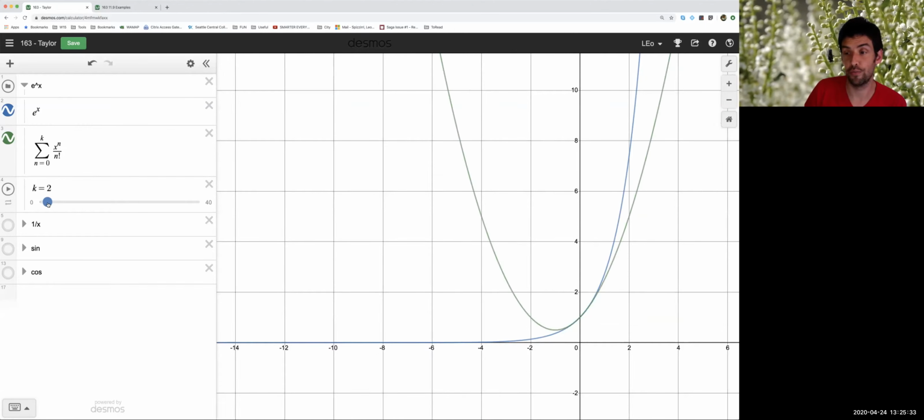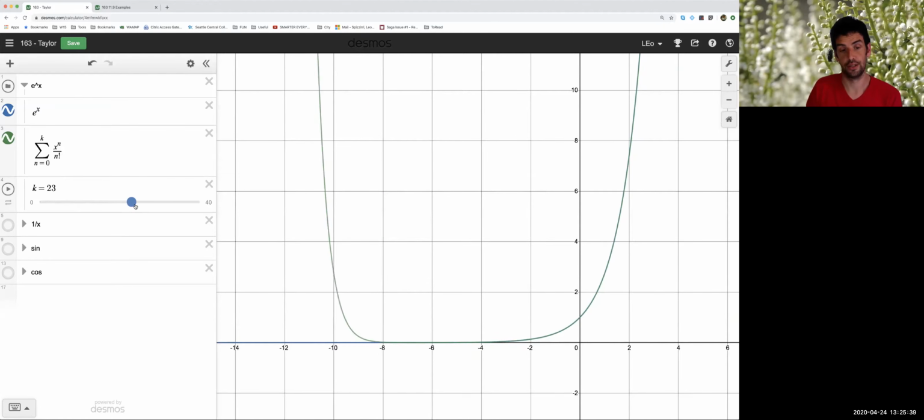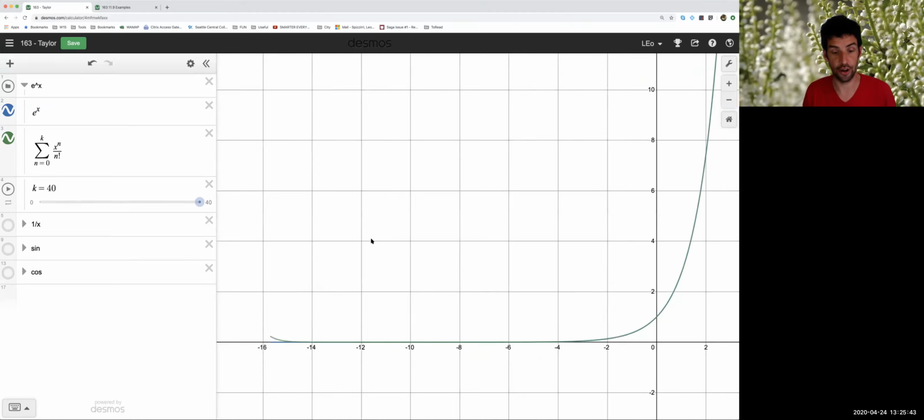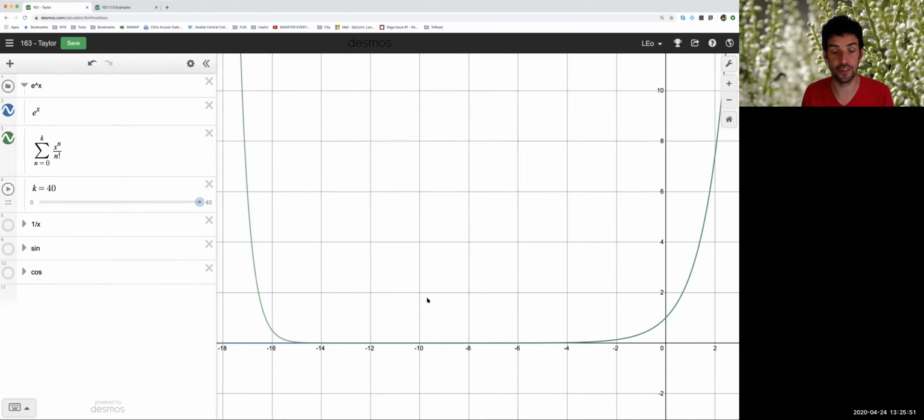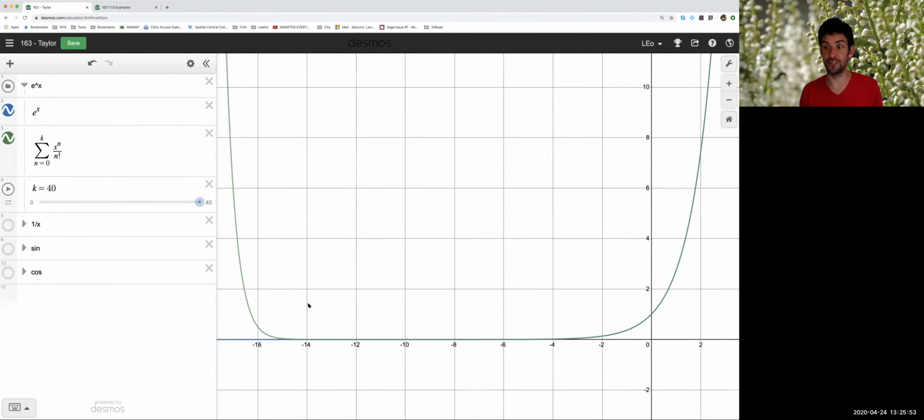As I add more and more terms, this series is becoming better aligned to this graph, right? Now it's off, well, there we see it going up eventually, but I'm only at 40 terms, right? So if I had more time, we could keep going higher and higher and higher, and we would see the green line, which represents the series, getting closer and closer to this exponential, right?